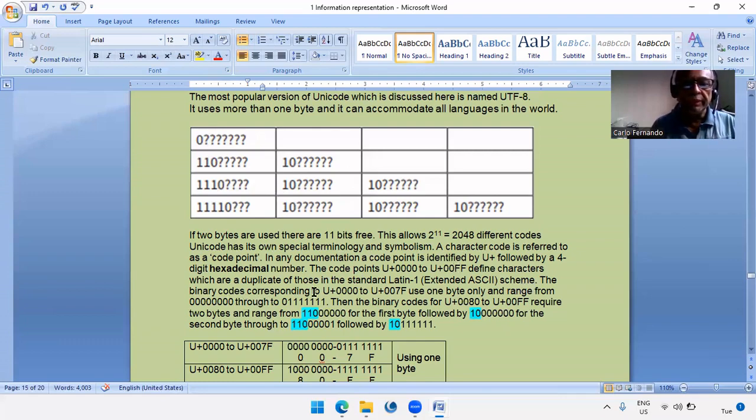The binary codes corresponding to U plus 0000 to U plus 007F use 1 byte only and range from 000 through to 7 bits. That means what? This is 0 to 256 and this is half of it. 7F is how much? 7 into 16 plus 15.